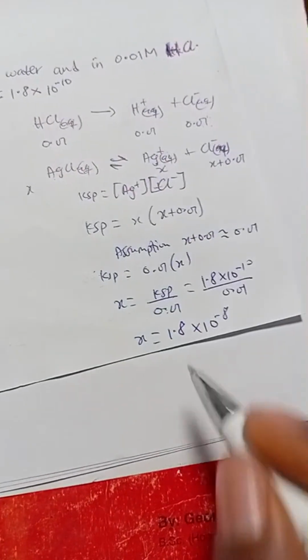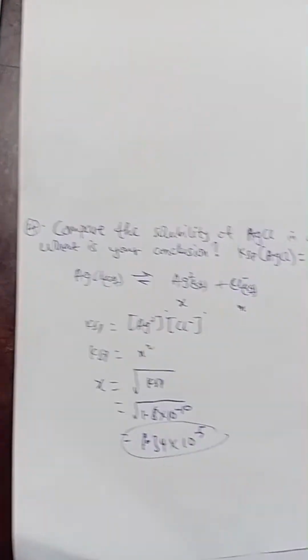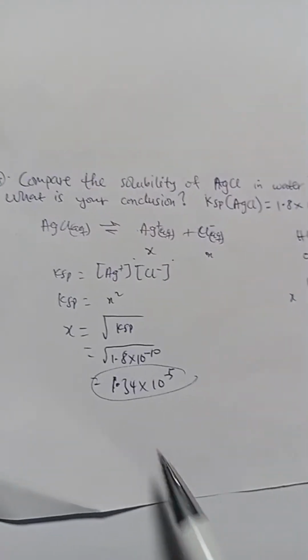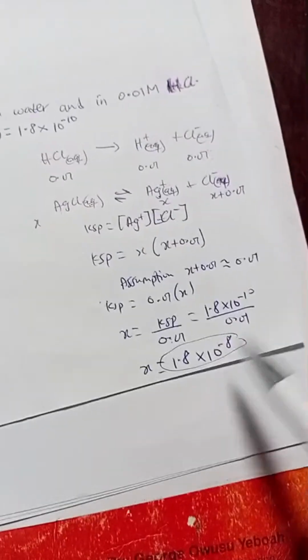So if you compare this and then you compare this, you realize that the solubility of the silver chloride in water is greater than the solubility of silver chloride in what? HCl. So in HCl, it has decreased what?